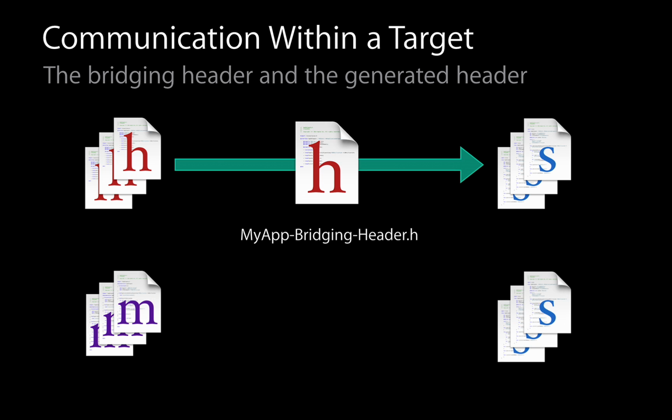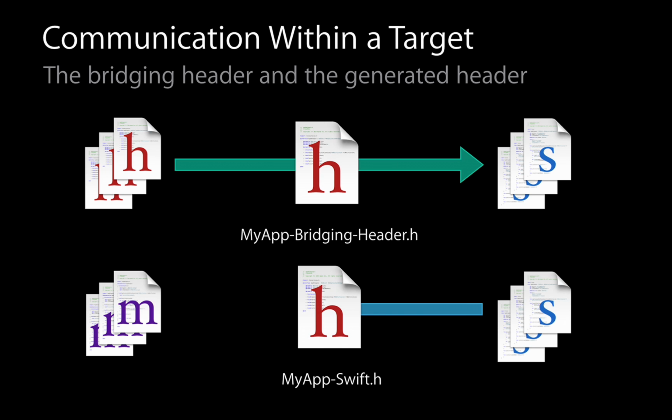When we want to get our Swift interface exposed to our Objective-C implementation, there we're looking at the generated header that Xcode provides. And this is going to be named after our product. It's going to be our product name -swift.h.